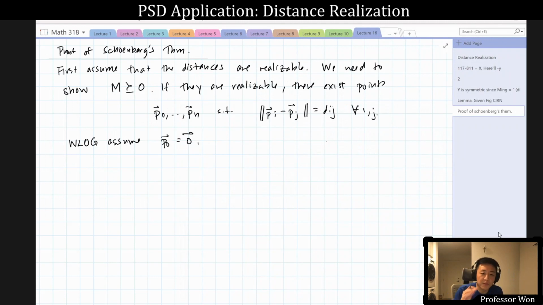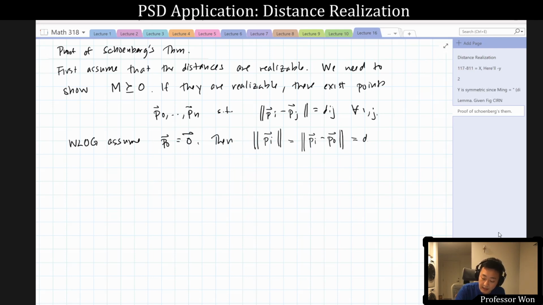Okay, and then I think the proof in the notes actually goes a little bit off track. There's no reason to define xi's once I've assumed that p0 is 0, so this will depart a little bit from the proofs in the notes. But then what's the length of pi? Once I've assumed that p0 is 0, this is the length of pi minus p0, because p0 is 0.